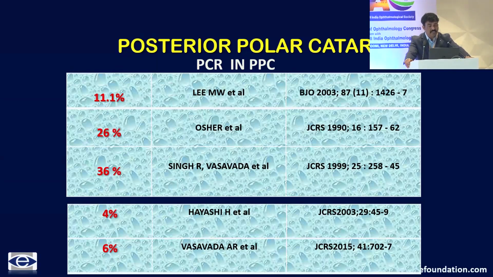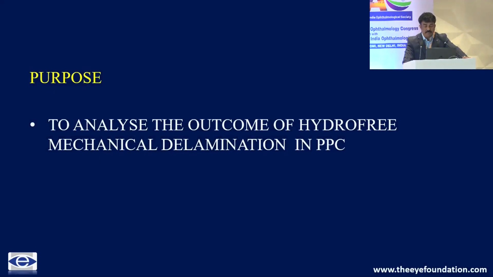In the older studies, it used to be very high, but because of improvement in surgical technique, better understanding of the cataract and experience of the surgeons, the incidence of PCR has significantly decreased. The last paper presented on this showed a PCR rate of 4%.